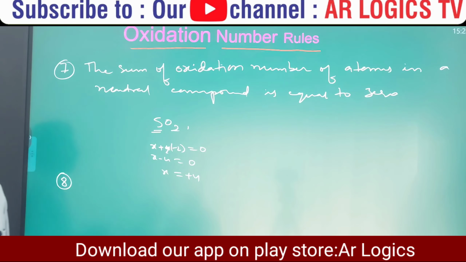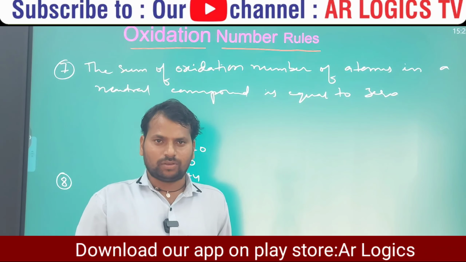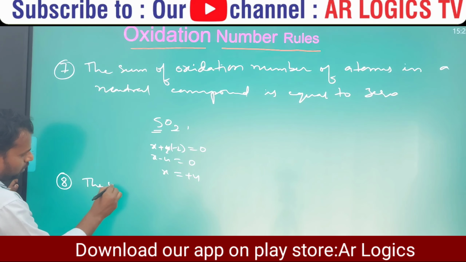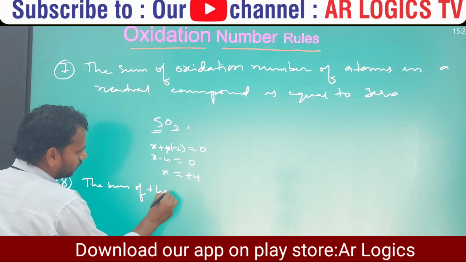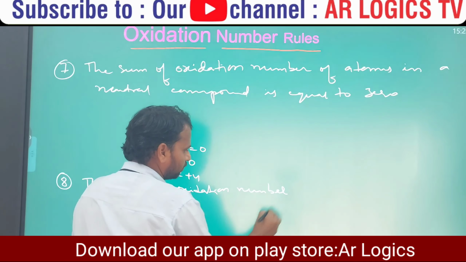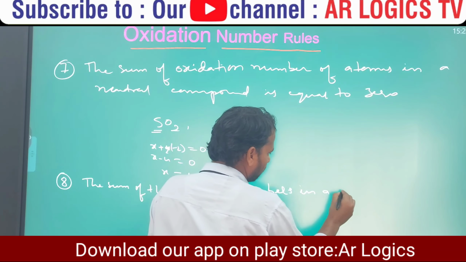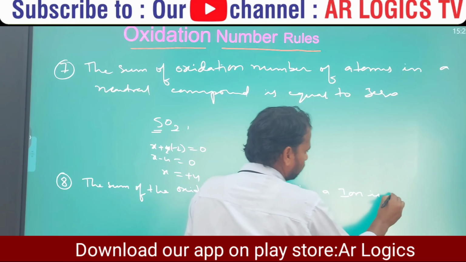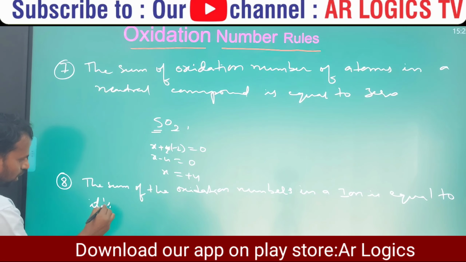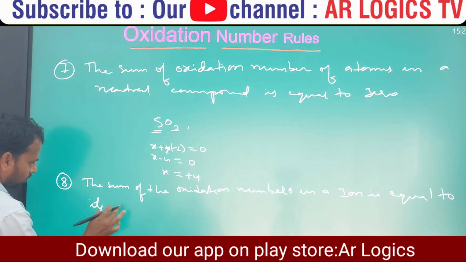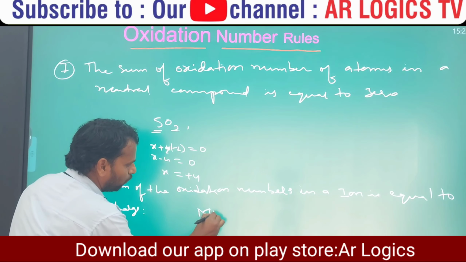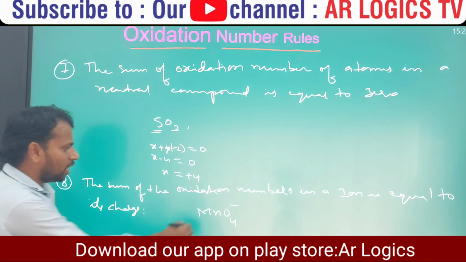Rule number 8. The sum of the oxidation numbers of atoms in an ion is equal to the charge present on that ion. For example, if I am taking MnO4 minus, permanganate anion, it is an ion.